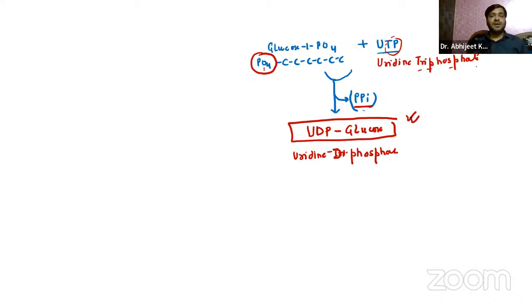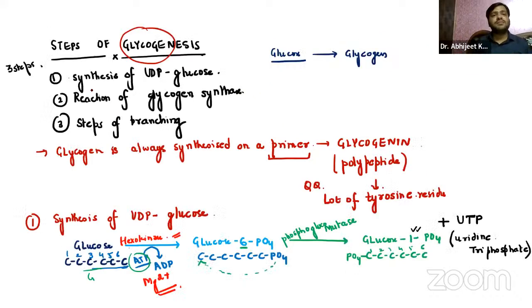And this PPi is nothing but pyrophosphate, two phosphate molecules. One from the glucose is removed, and one from the UTP is removed. So UTP becomes di, from 3 to 2: uridine diphosphate glucose. I hope the first step is very much clear, guys. That is the synthesis of UDP glucose.